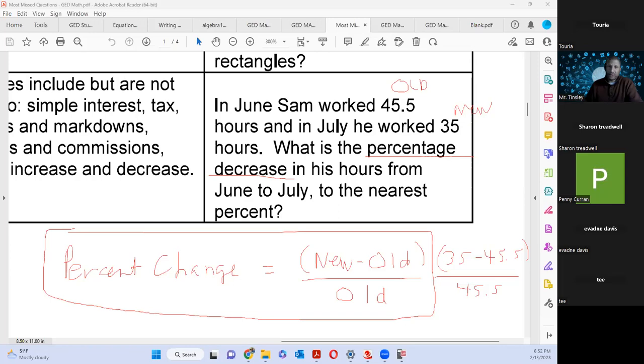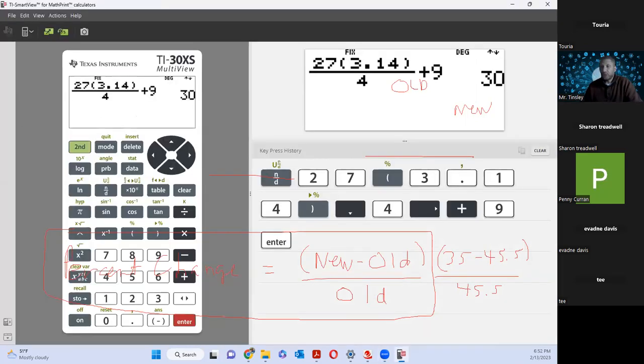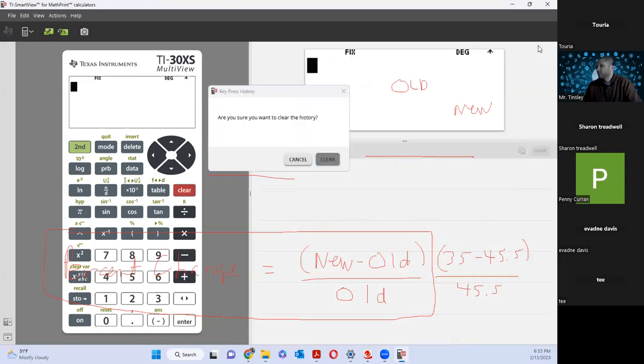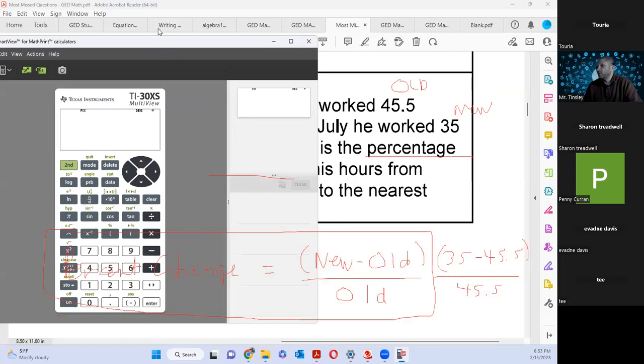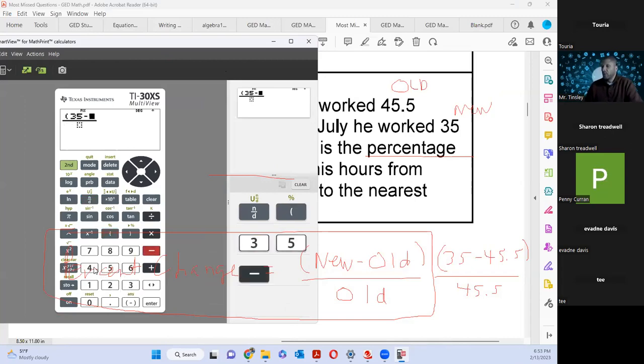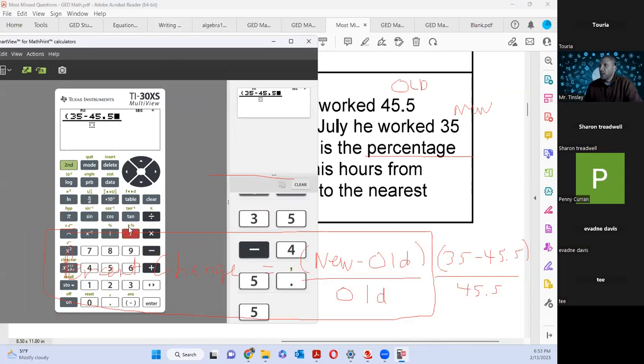So now we're going to grab our calculator. Don't even play around. Use that calculator as much as you can. So I'm going to hit 2nd because I know I'm dividing. My parentheses, 35 minus 45.5, close my parentheses, hit my down arrow, 45.5.